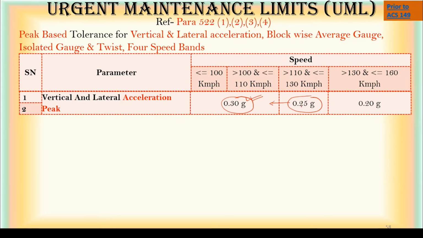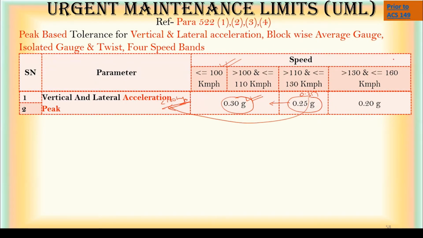If it goes even more than 0.3 g in this range, if your TRC recording speed is 130 kmph and we get an acceleration peak of 0.35 g, then we have to reduce speed to less than 100 kmph. What will be the value? That is not written, the sectional PWI or agent can decide, but this will not be, in any case, between 100 to 110. It will be less than 100 kmph.